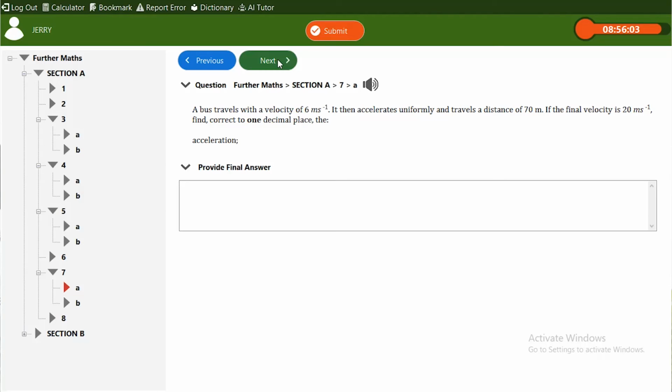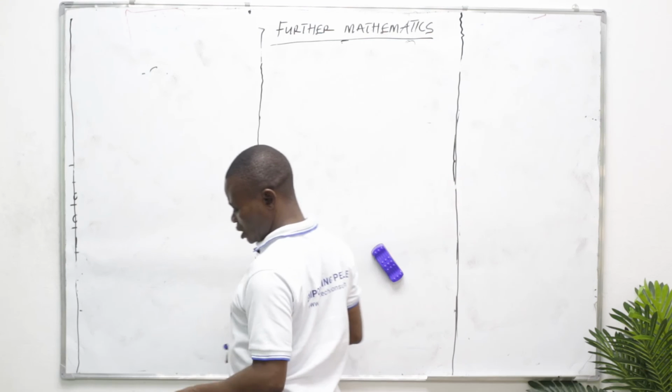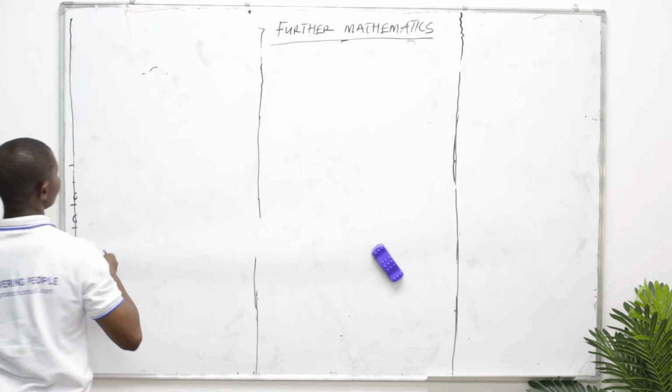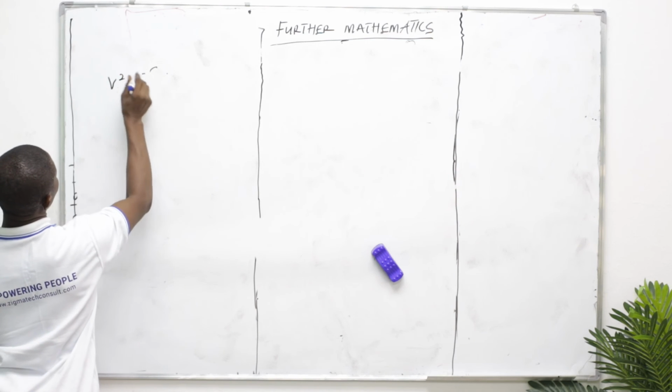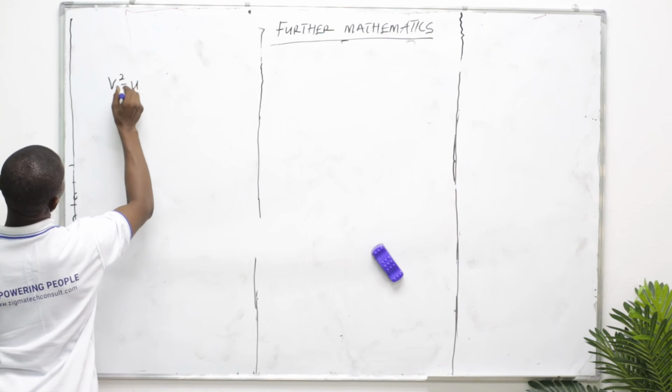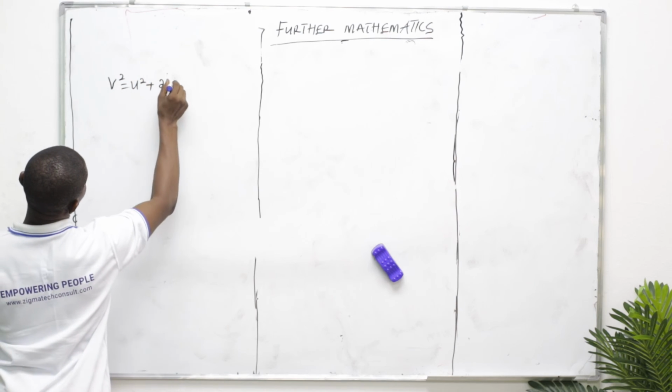Recall from equations of motion, we have some formulas we normally apply. Which formula has business with distance? Recall that v square equals what? u square plus 2as.